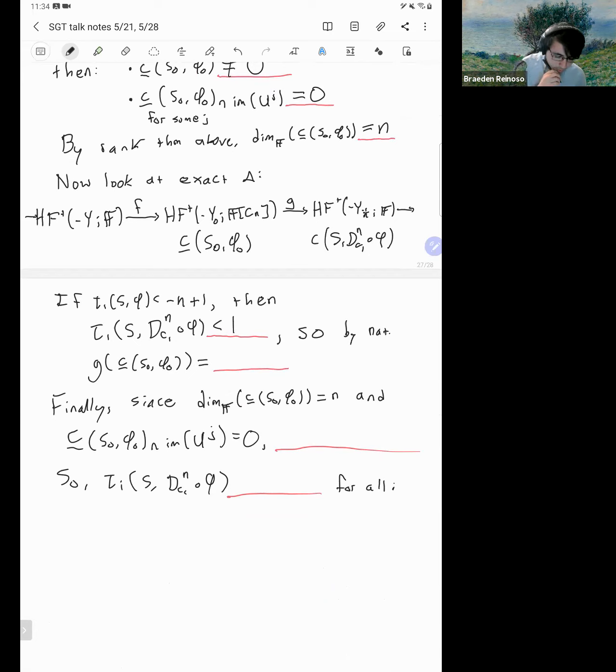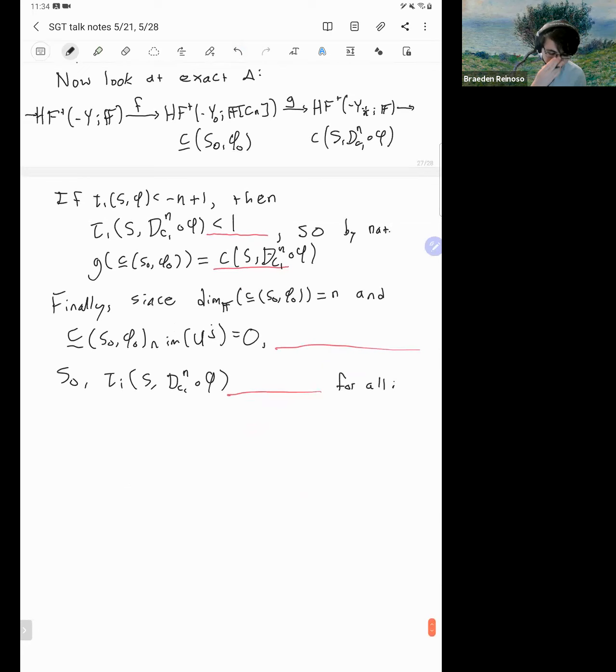So by naturality, this tells you that under this map G here, your twisted contact class goes exactly to the contact class of S with n Dehn twists added.